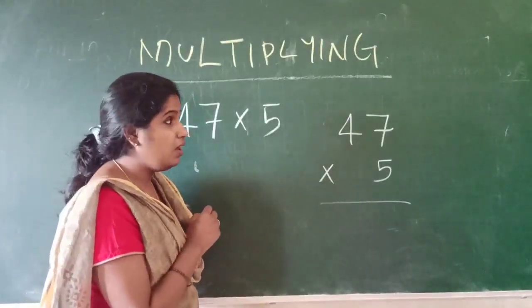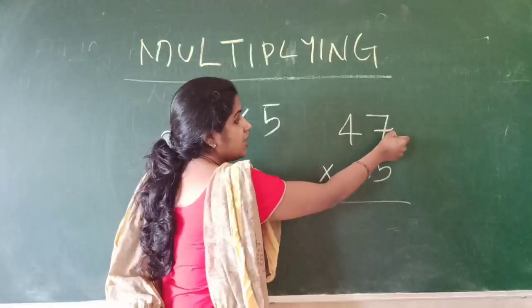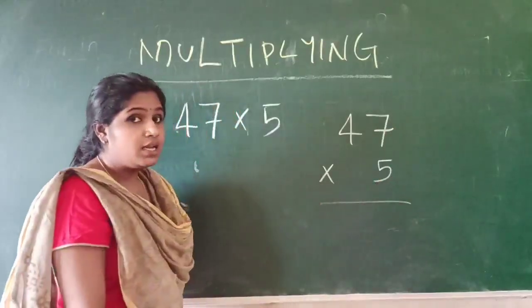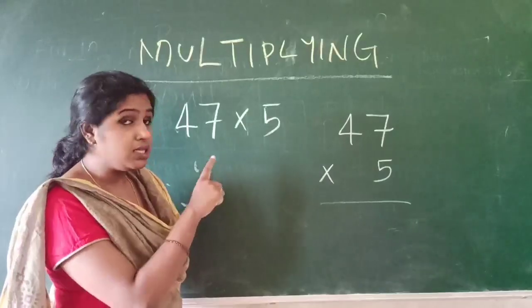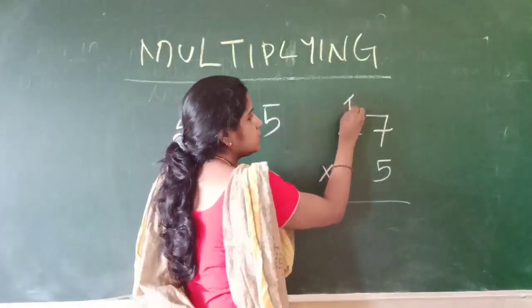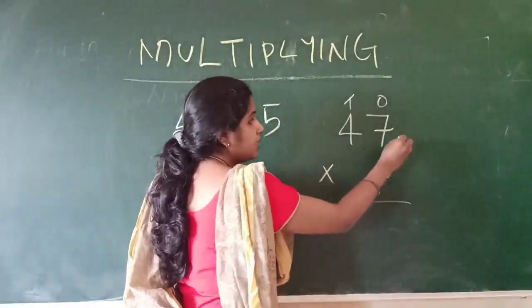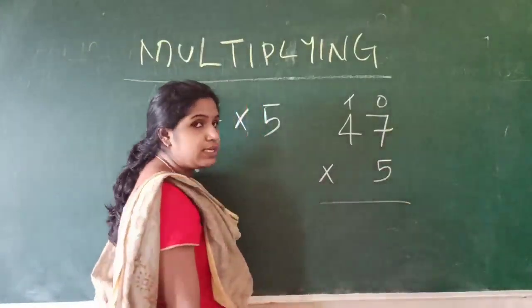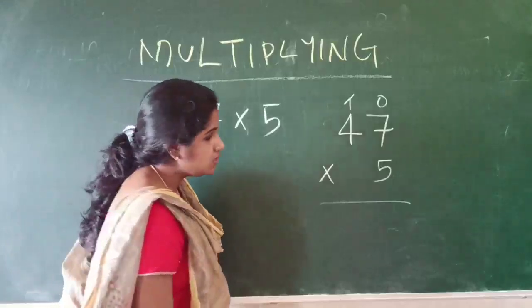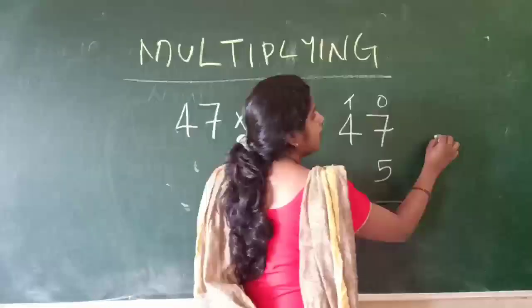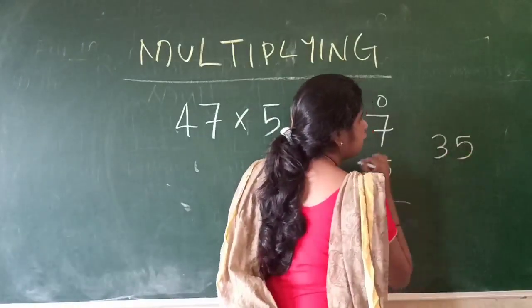We will multiply this 7 and 5, the numbers under the ones place. Ones place first. 7 into 5 is 35. So I write 35 here.